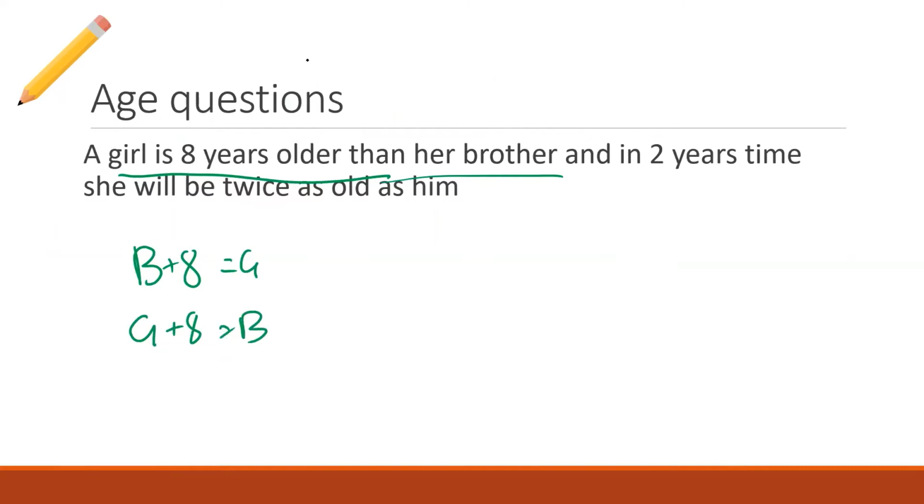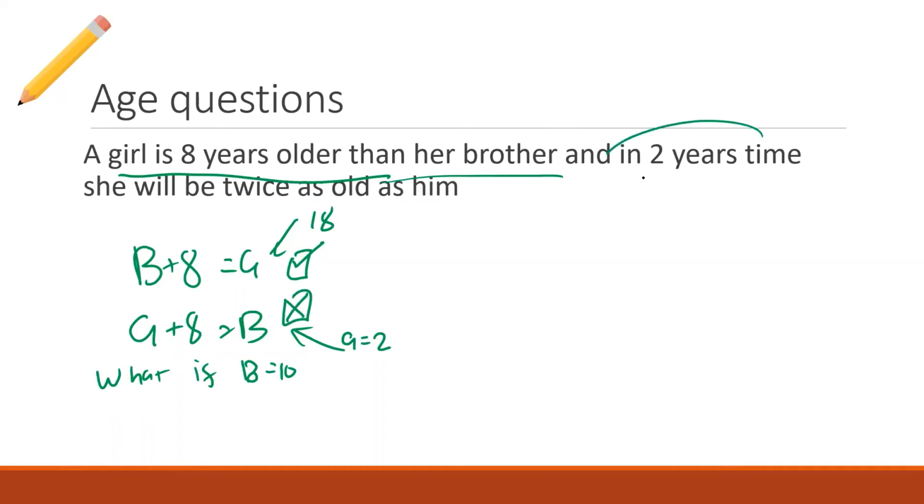How you can always check is by saying, well, what if B equals 10? If B was 10, then in this example, the girl would be 18 years old. In this example, the girl would be 2 years old. And so you can say, well, this one makes sense because the girl is older, this one does not make sense because the girl is younger.